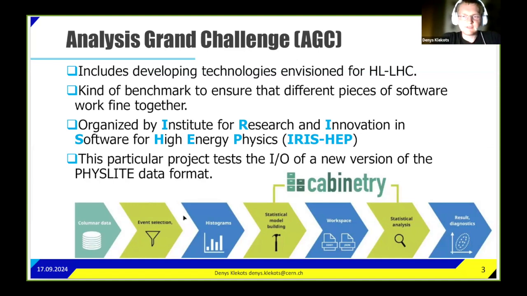And of course, it serves on some data analysis, which can serve as an example for all the researchers who want to do their data analysis.